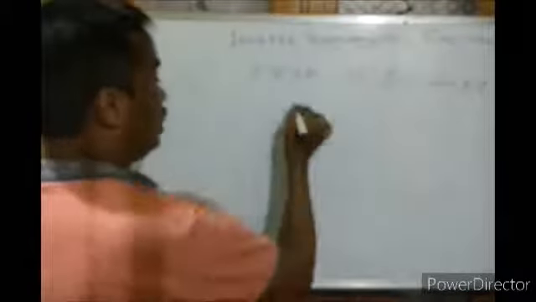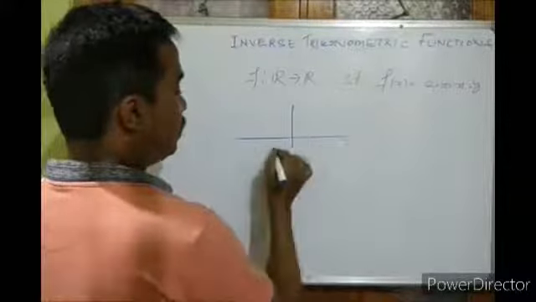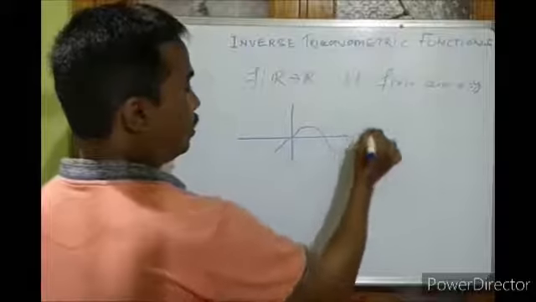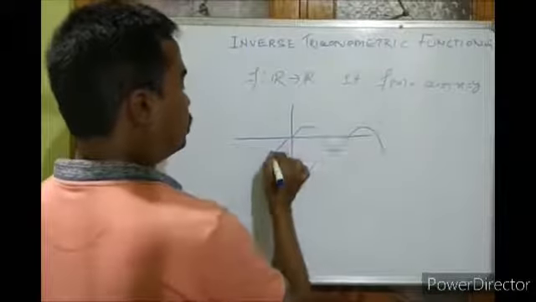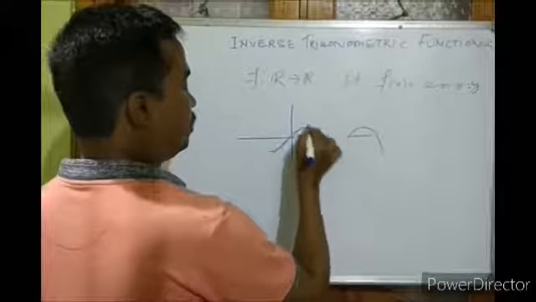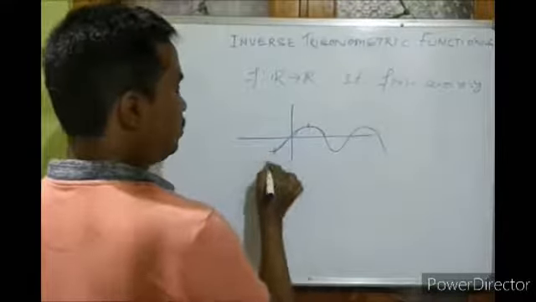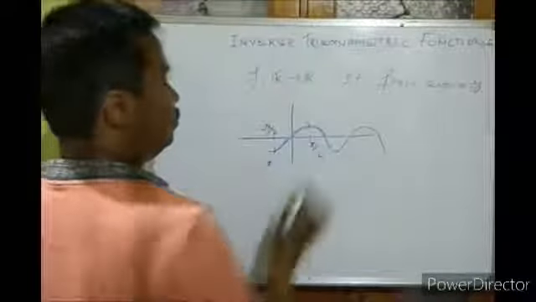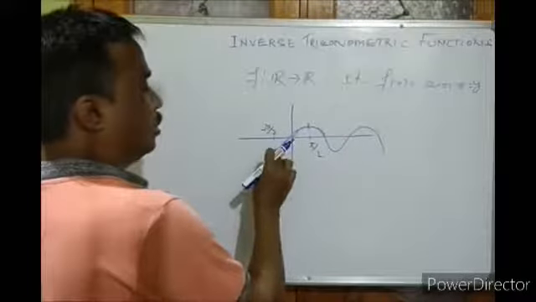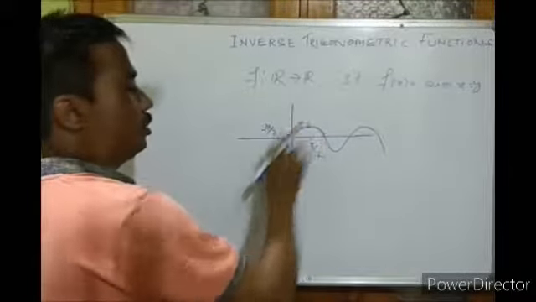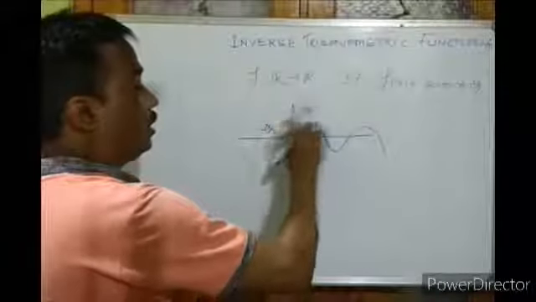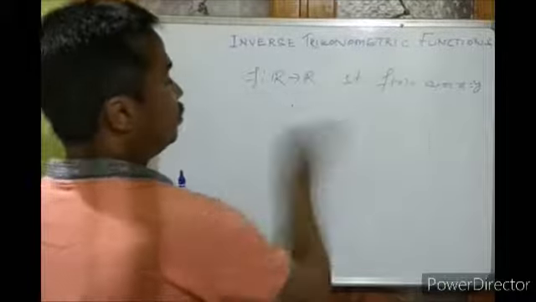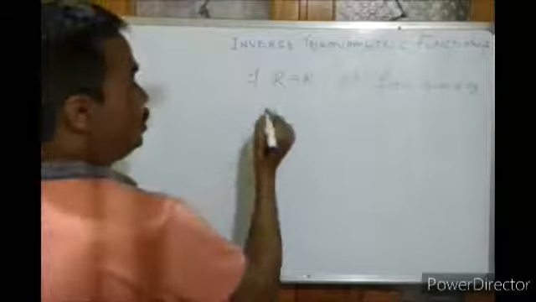Confine the domain. You see in the graph, this is the graph. If we take this portion only, from minus pi by 2 to plus pi by 2 as the domain, then this graph attains all the heights, all the values of y. So this function is one-one. f(x) becomes one-one if we restrict the domain.